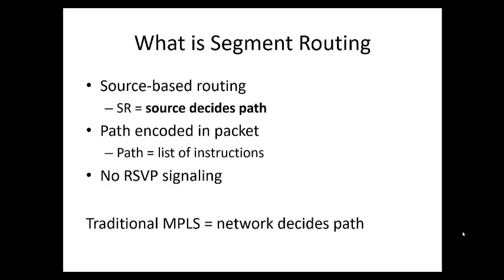The instruction is already there. It need not depend on every router in the path for routing decisions. This head-end router has already got the path end to end, and it has already encoded it inside the packet itself. Whereas in traditional MPLS, it is the network that decides the path. Every hop will be queried for a path, and they alone will decide the next gateway.